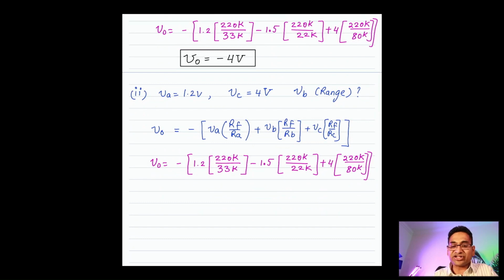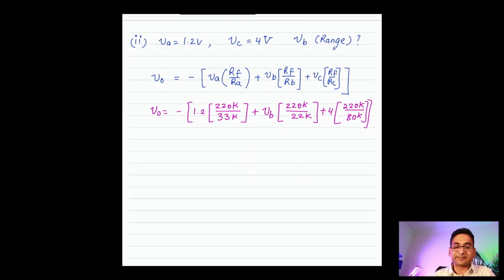The only thing that's changing is VB here. I don't know the value for VB. That's what I'm supposed to find out, the range. So I leave VB as a variable because it's not given anymore.